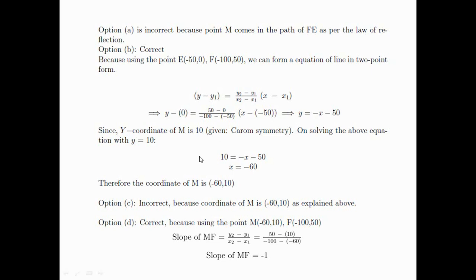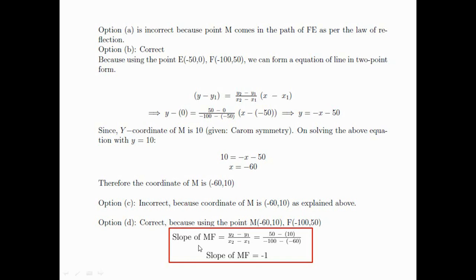Since the y coordinate of M is given, we can put it in the straight line equation, so that x equals -60. Therefore, coordinate of M will be (-60, 10). Now, option C is incorrect because coordinate of M is (-60, 10).